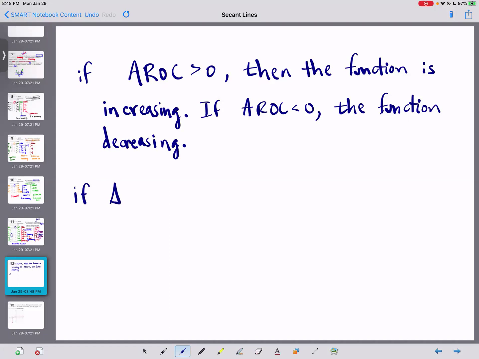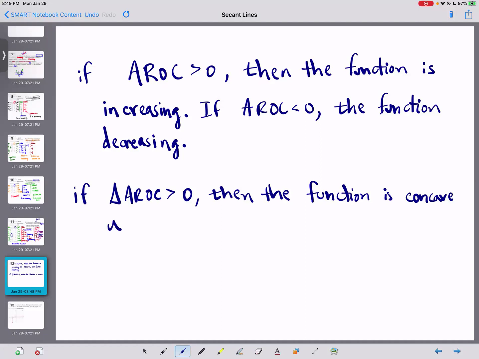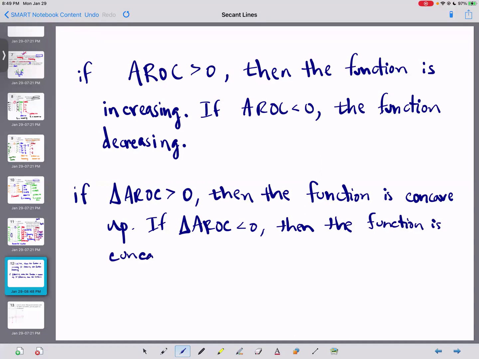If the delta AROC is positive, then the function is concave up. If that delta AROC is negative, then the function is concave down.